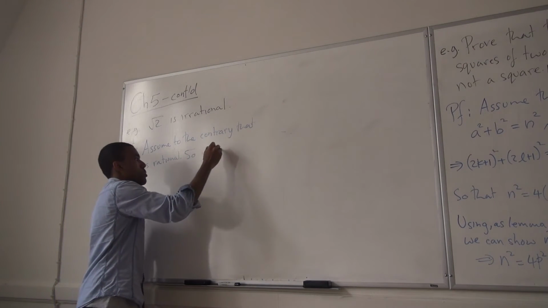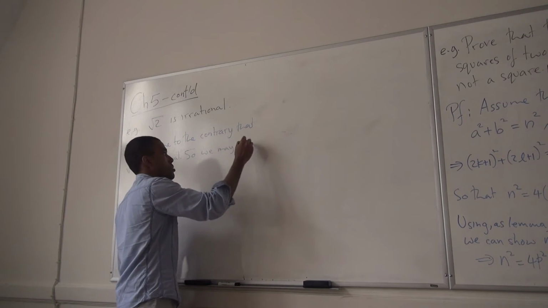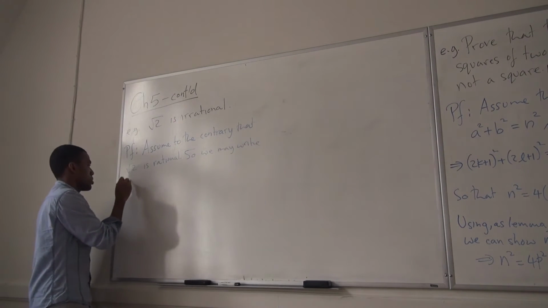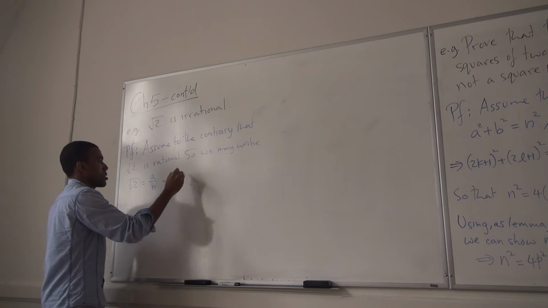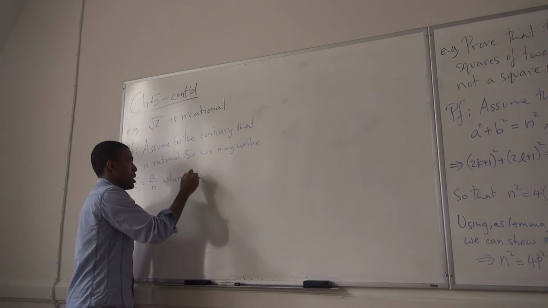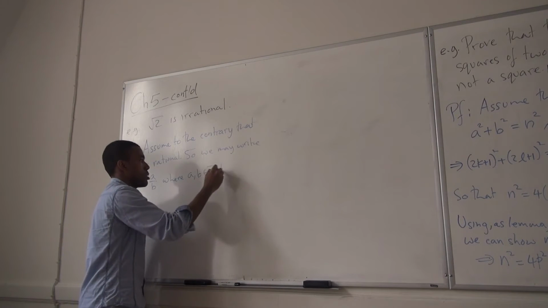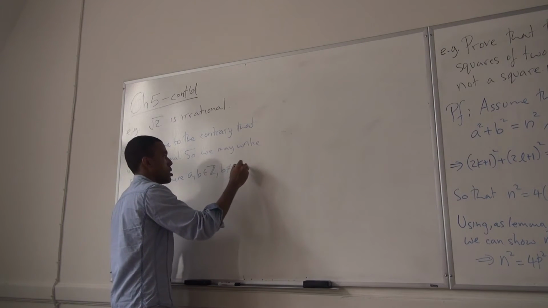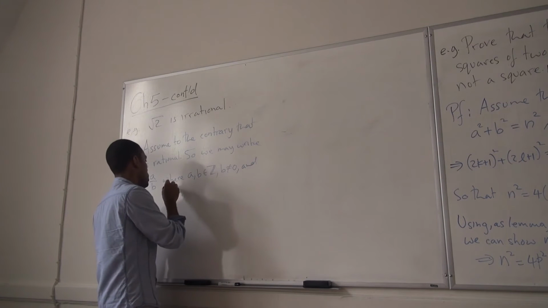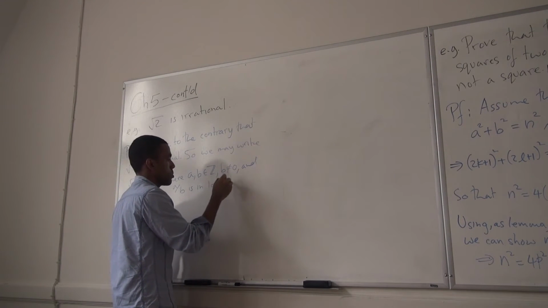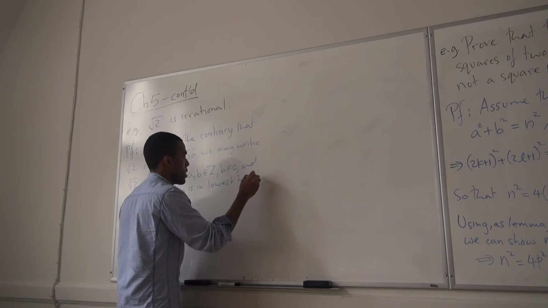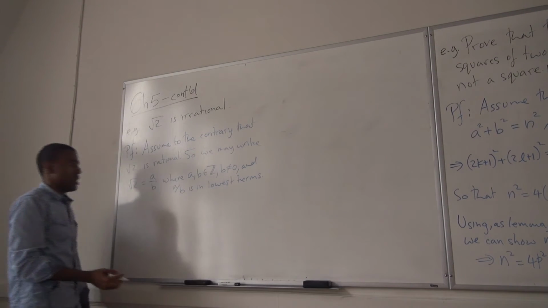So we may write square root of 2 is equal to a over b, where a, b are integers, b non-zero, and in lowest terms. Right, so we can write it as a fraction and we can reduce it and that's fine.